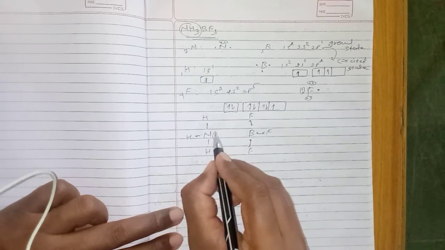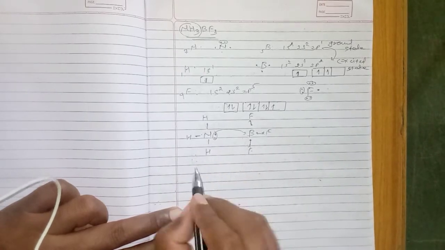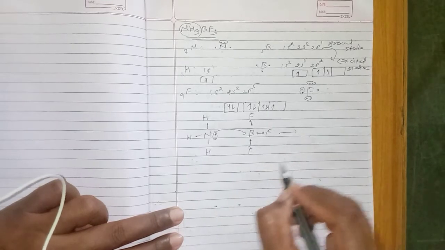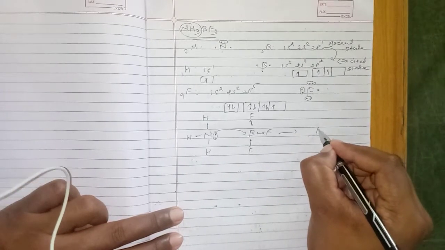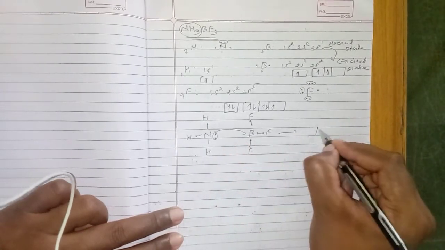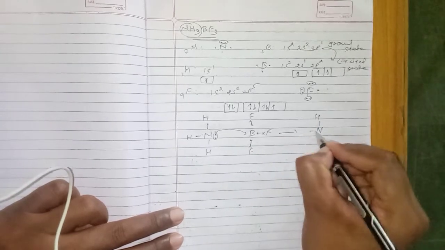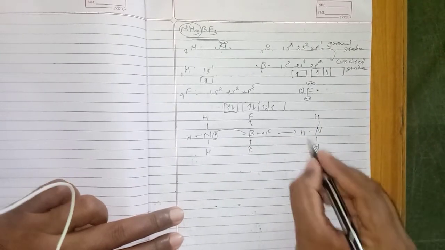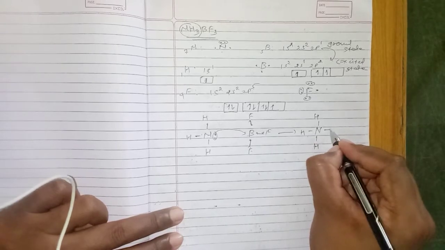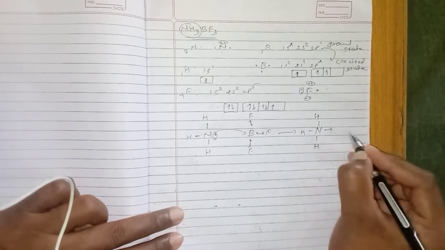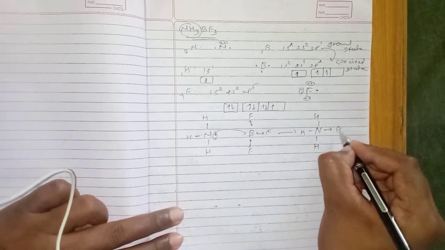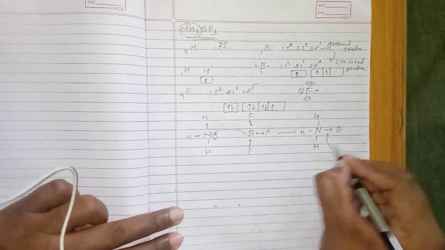This electron pair is donated to the boron atom. The nitrogen atom is bonded with 3 hydrogen atoms by covalent bonds, and it is bonded with boron by a coordinate covalent bond.